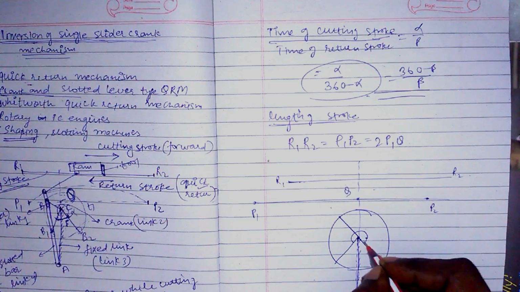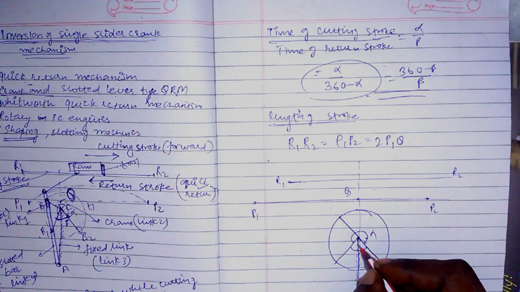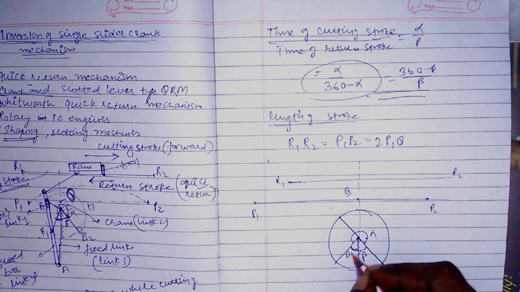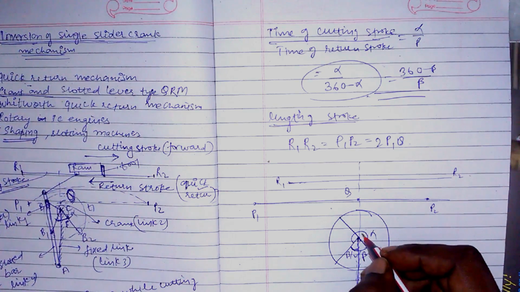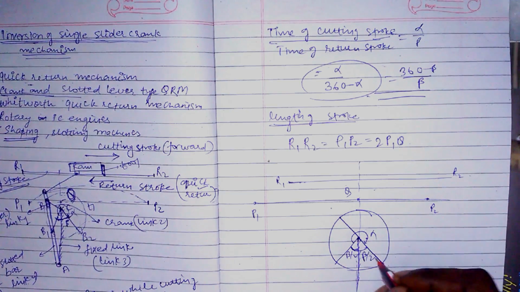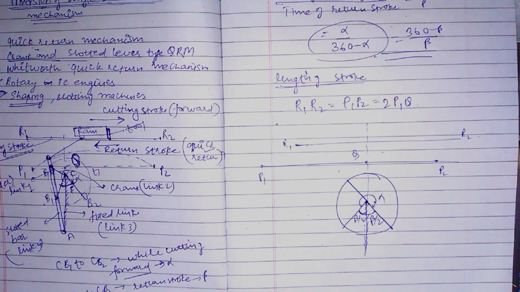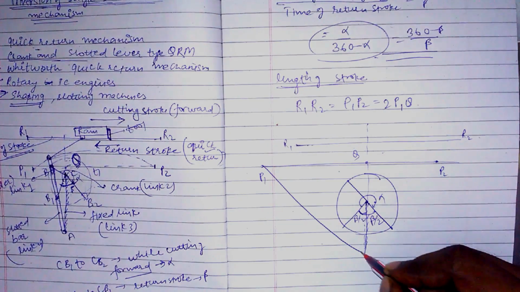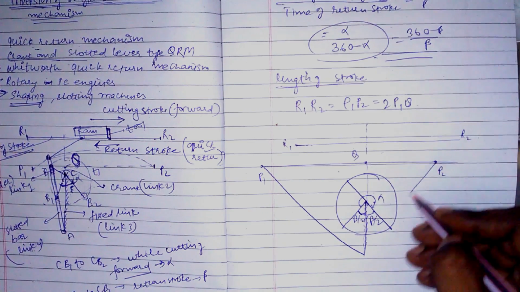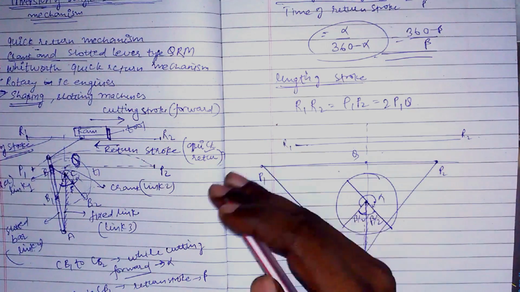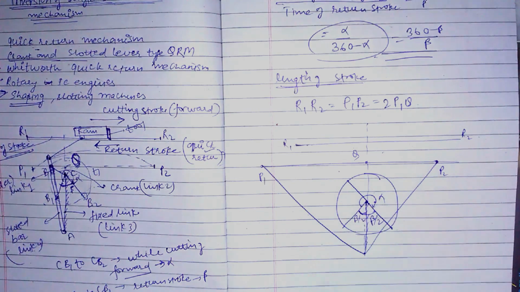Here we can see that this is angle alpha, this is angle beta. So this would be beta by 2, and it will also be beta by 2, and we have this attached over here. This is the path that is traveled by the slotted bar.